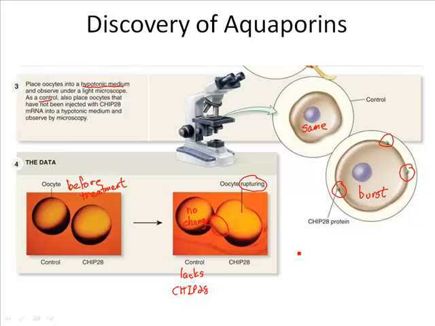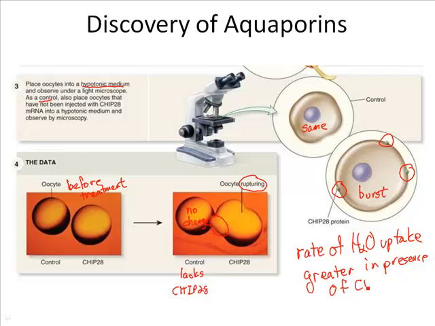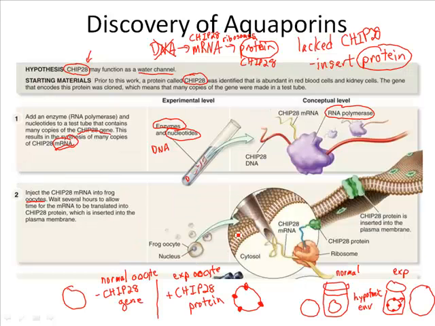It's clear that the rate of water uptake is much greater in the presence of this protein CHIP28 compared to that of a cell that lacks CHIP28. So based on these results, instead of calling it CHIP28, they renamed them aquaporins. And it's clear, based on these results, that aquaporins function to increase the rate of water uptake, which is extremely important in cells like red blood cells and kidney cells.